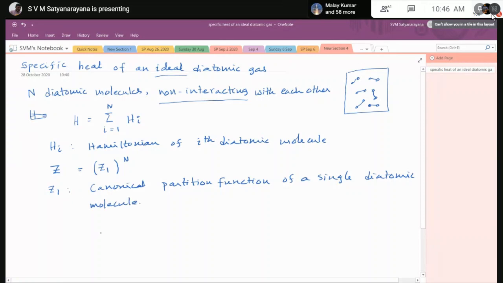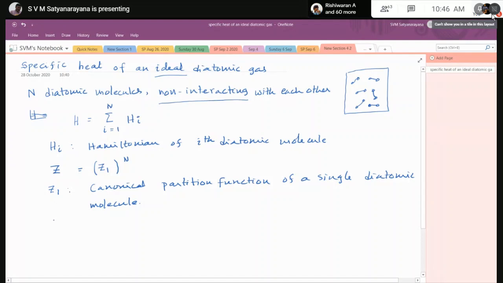Okay, so this is the advantage. You can translate this separability of the Hamiltonian into different terms in terms of the product of single-molecule partition functions. So it is sufficient if we can find out Z1, right? So in order to find Z1, we can write down first the Hamiltonian corresponding to one of these.